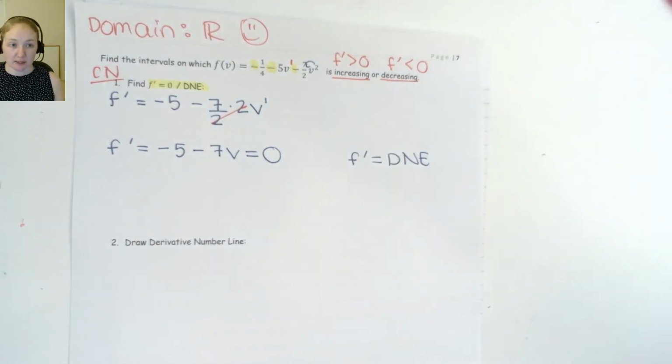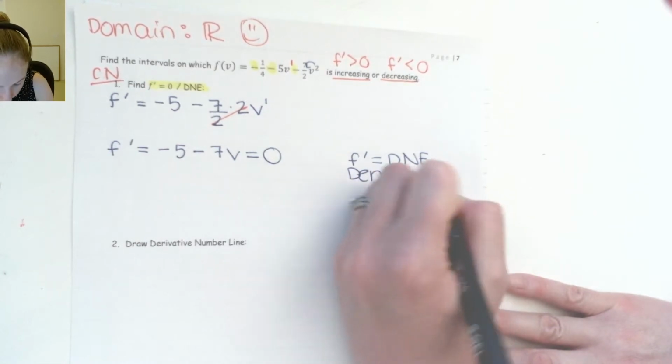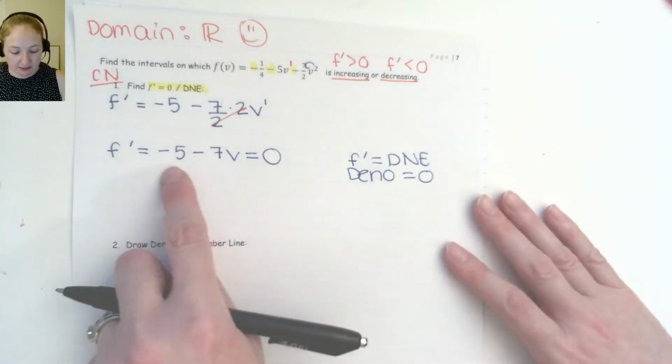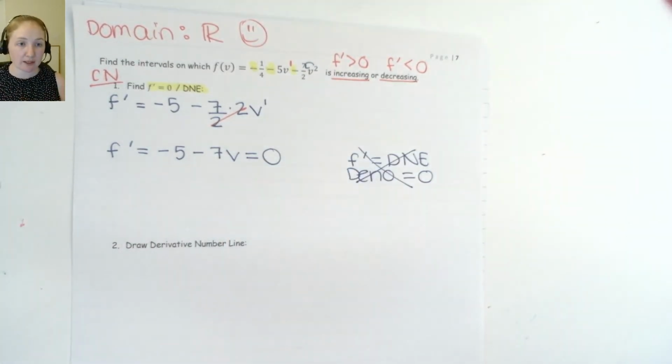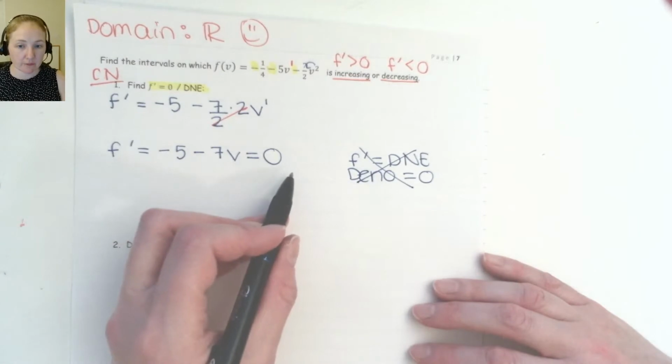Now remember, the does not exist is about, do I have a denominator? And if so, then I set it equal to 0. In this case, my derivative does not have a denominator, so I do not need to worry about that second condition. I just have to worry about the derivative equal to 0.